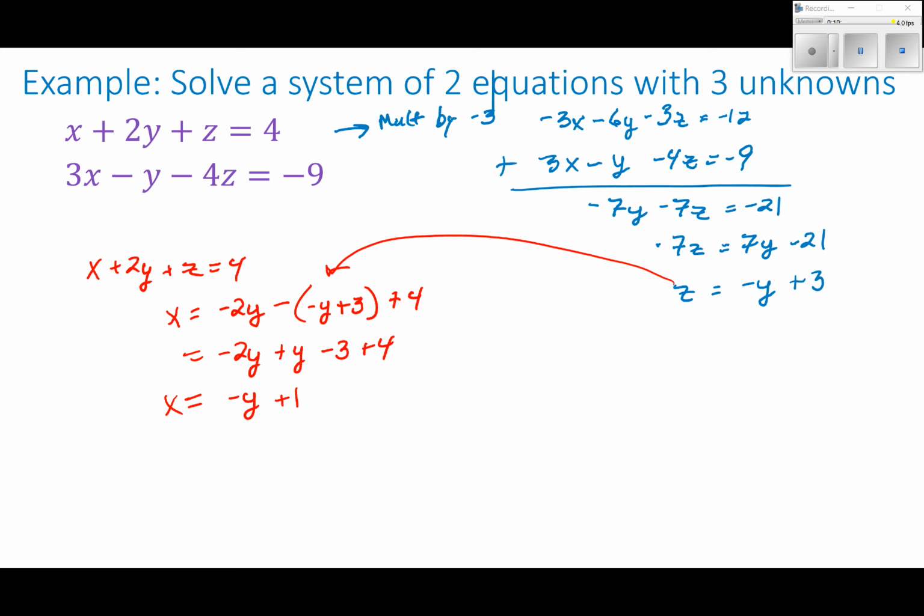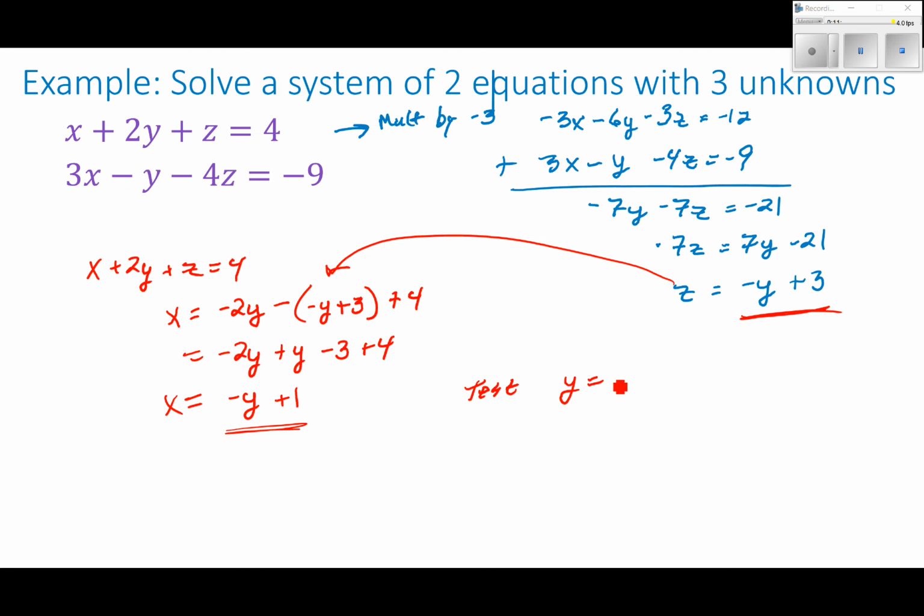z is negative y plus 3. In this case, this system has an infinite number of solutions. It doesn't matter for any value of y, the value of z will be negative y plus 3. For the value of x, I have negative y plus 1. So let's test this out.